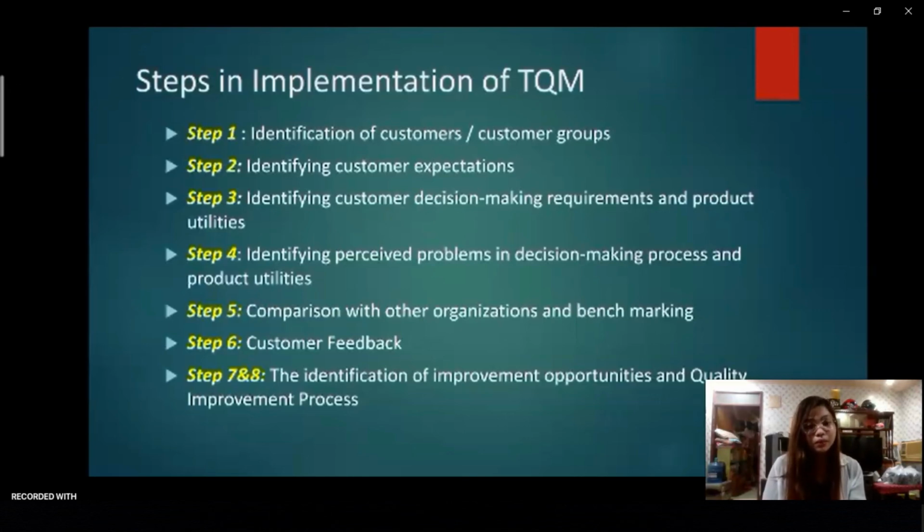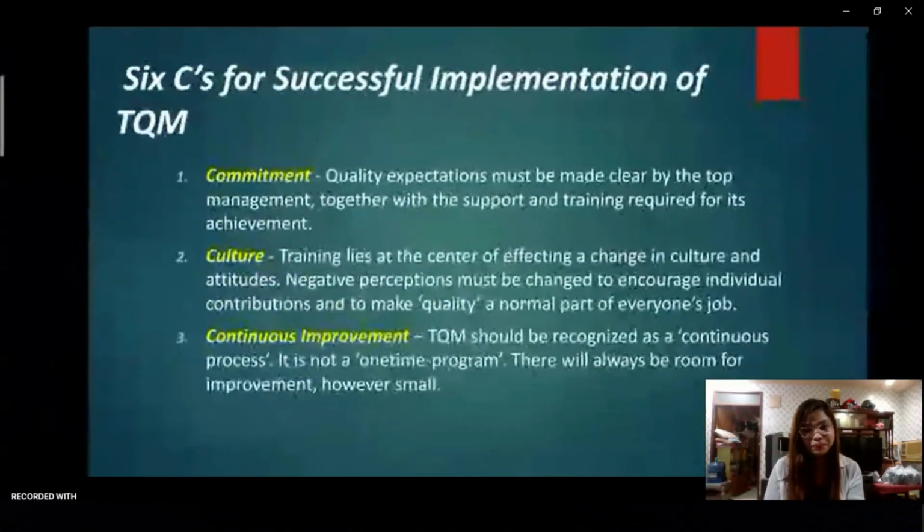So we identify the problem, then benchmark, where we look at other companies' status in coping with similar problems. Then we ask for customer feedback to address the issues or the need for improvement. So lastly, that's the time we implement the quality improvement process.